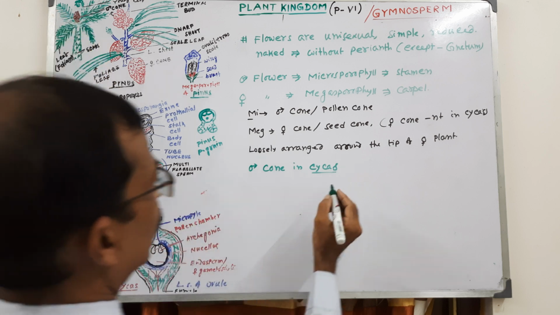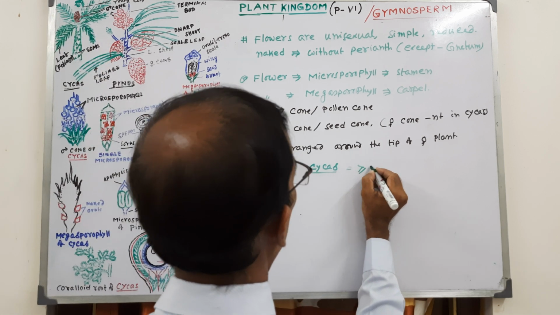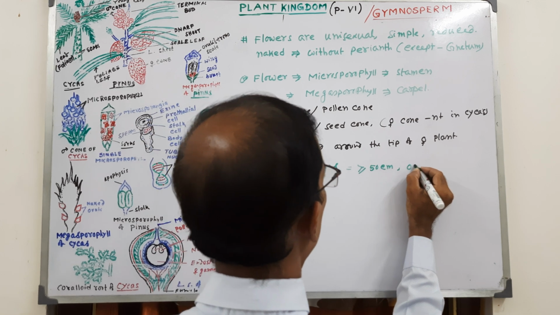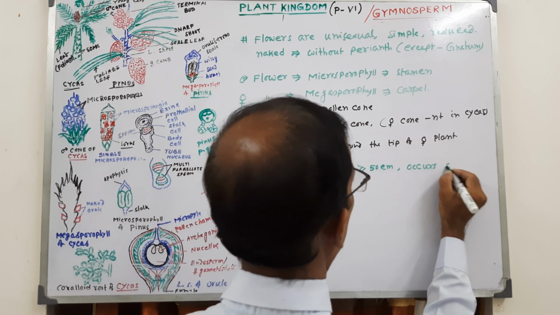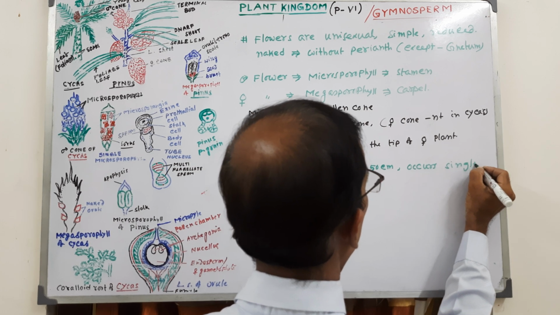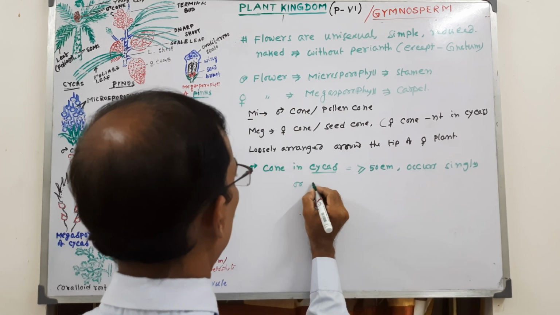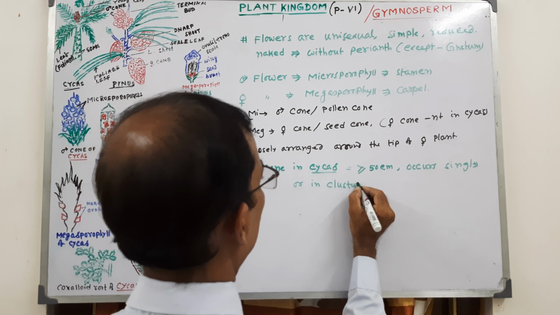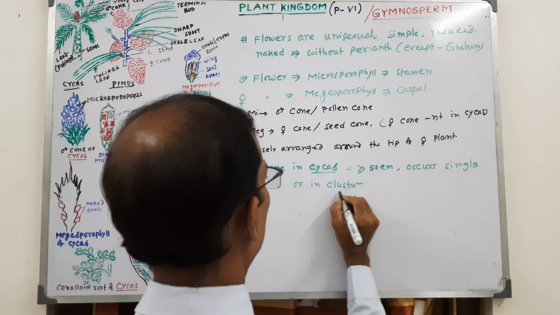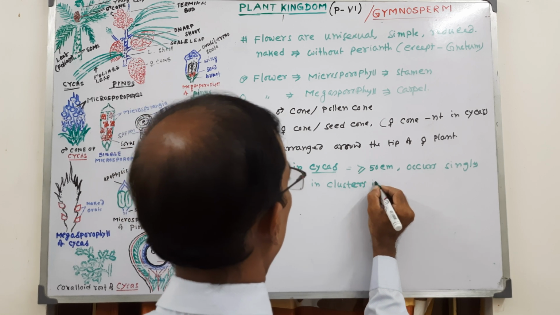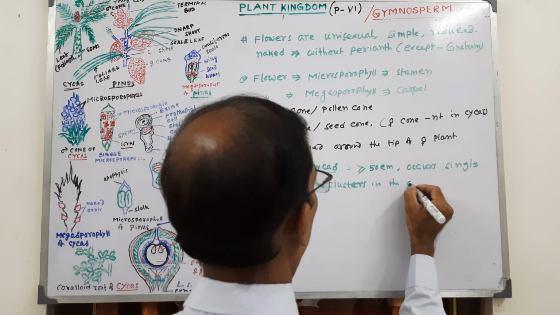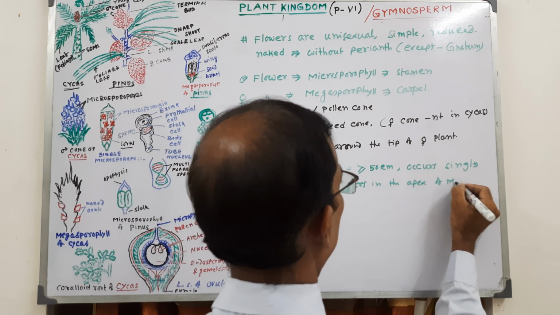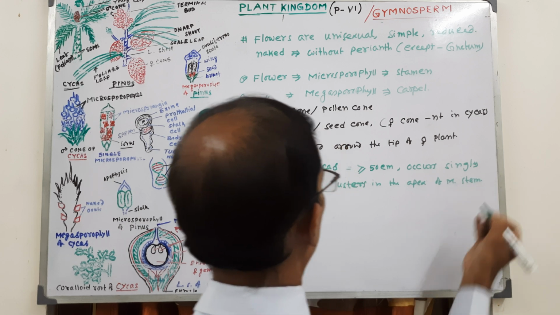The male cone is greater than or equal to 50 centimeters, occurs singly or in clusters at the apex of the main stem.